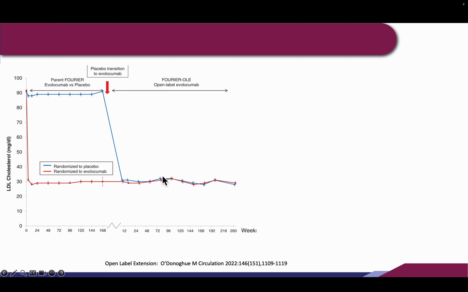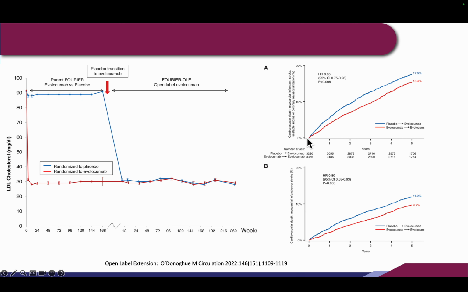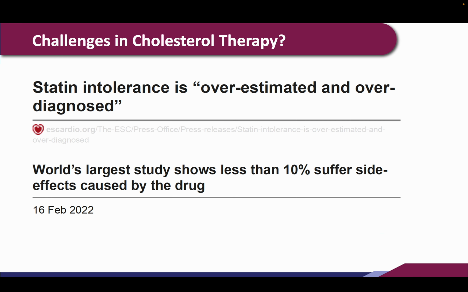So the result was similar, the effect is the same. The difference is here: those who were on placebo and then shifted to PCSK9 had a higher risk than those who were on it throughout. So that means this period of absence of PCSK9 made a difference in mortality and morbidity, and that's why we say start the cholesterol therapy early.